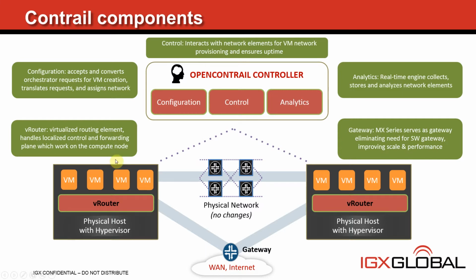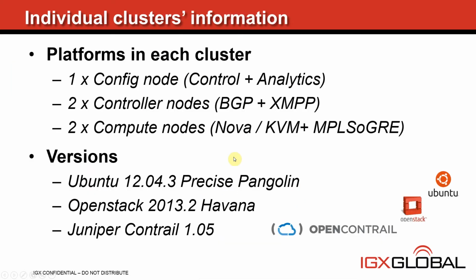Okay, so we have 3 different types of nodes in the Contrail. These nodes are the configuration node, the controller node, and the compute node. For redundancy purposes, I built 2 controller nodes that will just perform an active redundancy setup, as well as for the compute nodes.